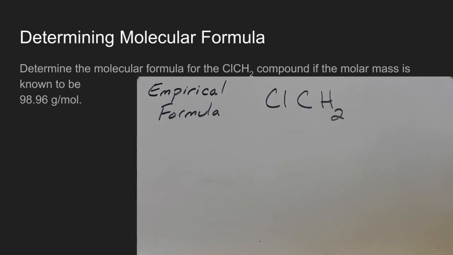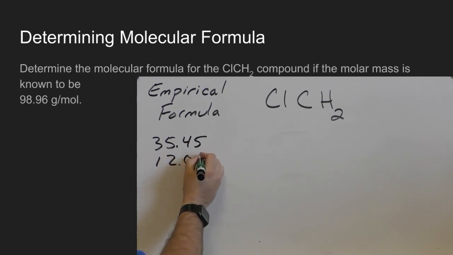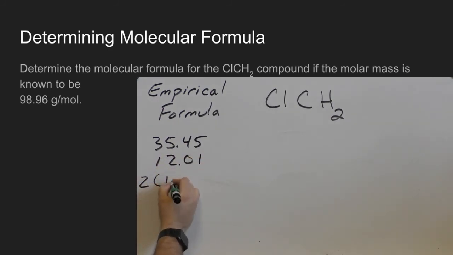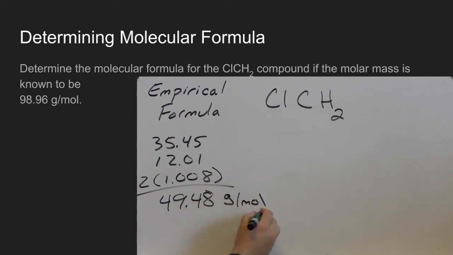To determine the molecular formula, we're going to need to figure out what to multiply each of the subscripts by. To do that, we're going to need the empirical formula's molar mass. So we'll take the mass of chlorine, the mass of carbon, and the mass of 2 hydrogen atoms in order to determine the empirical formula's molar mass of 49.48 grams per mole.